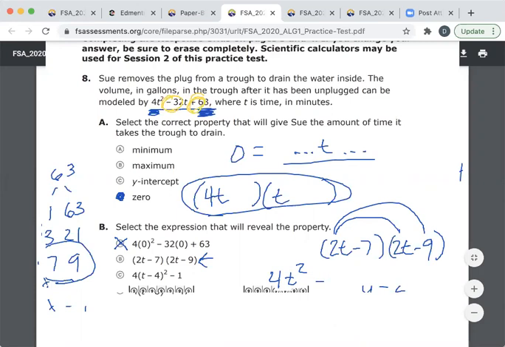So 2 times 9 is -18t, and then inner times inner, so -7 times 2 is -14t, and then last times last, -7 times -9 is plus 63. So if I were to simplify that, -18t minus 14t is -32t, and that does check out. So our answer is B.